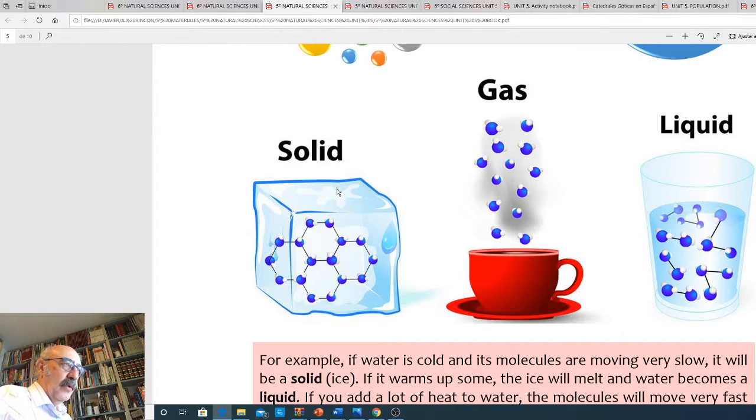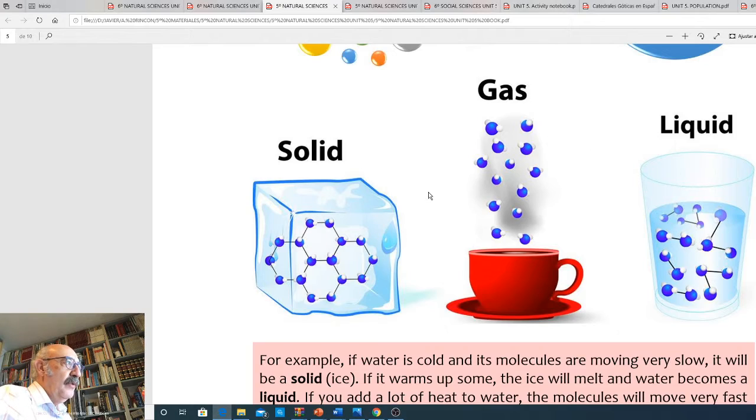This is solid water, and we call it ice. This is gas water, and we call it vapor water. And this is water in a liquid form. But water is the same, no matter the state. So imagine you have solid water, and you can turn it into liquid.